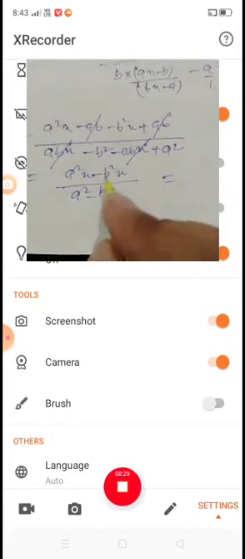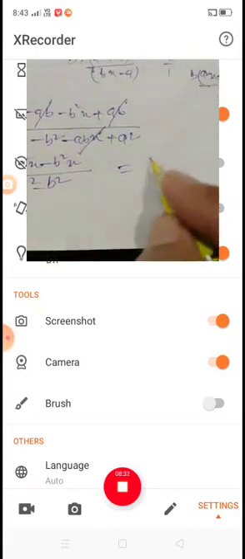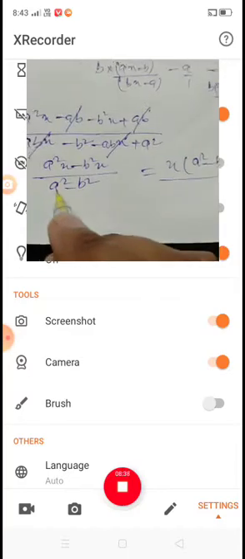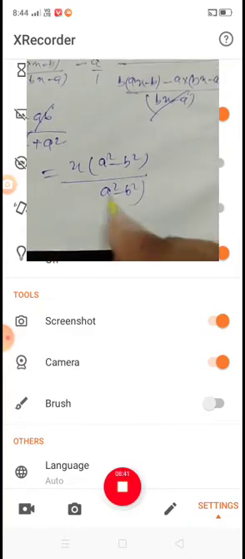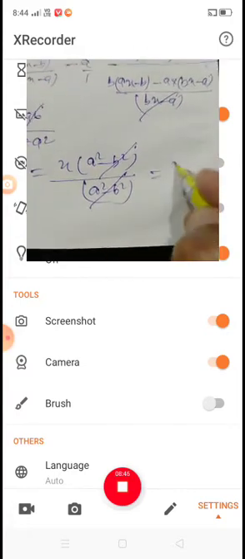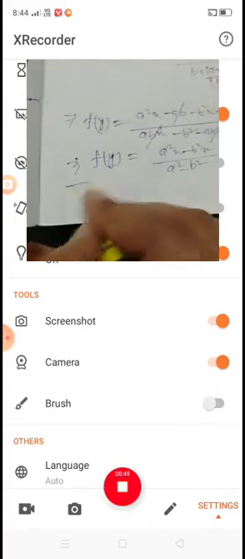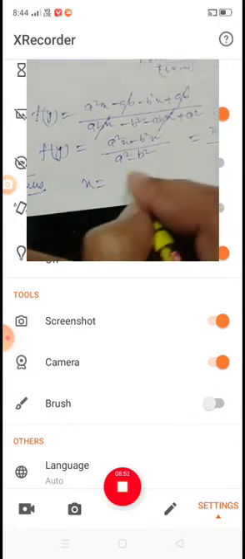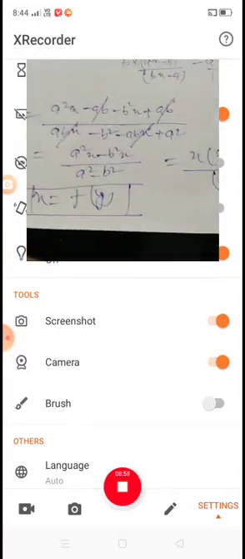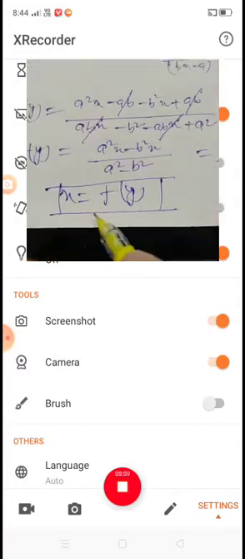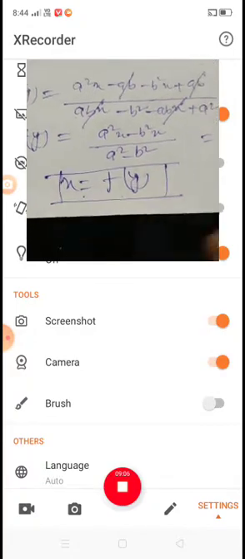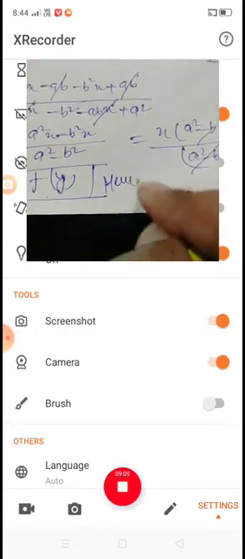Here x is common in the numerator, so we have x times (a square minus b square) upon (a square minus b square). a square minus b square cancel each other, so we get x. Thus x is equal to f of y. This is our result, hence proved. x is our LHS, and we had to show that x is equal to f of y, hence proved.